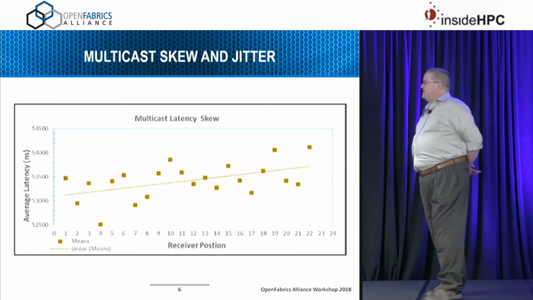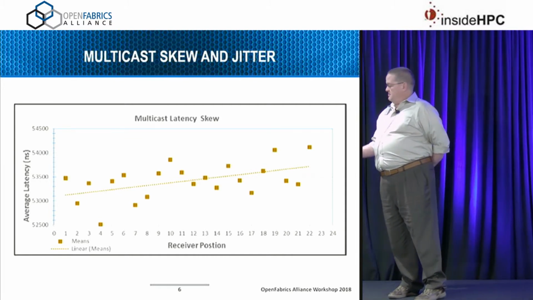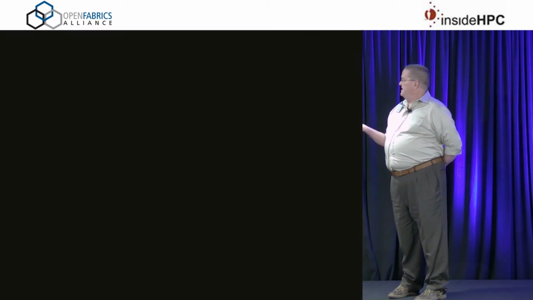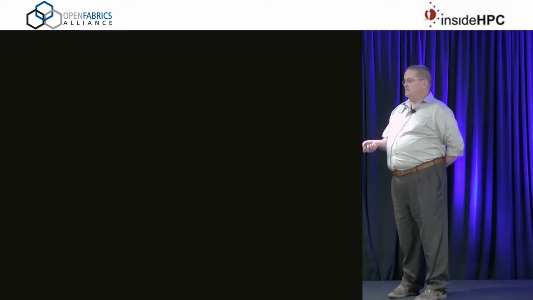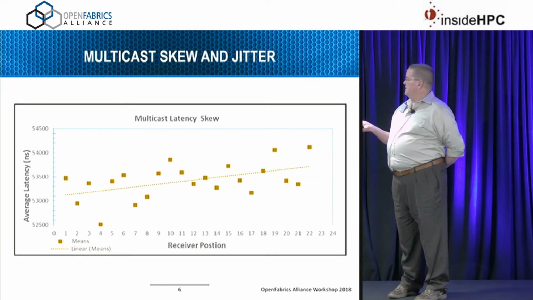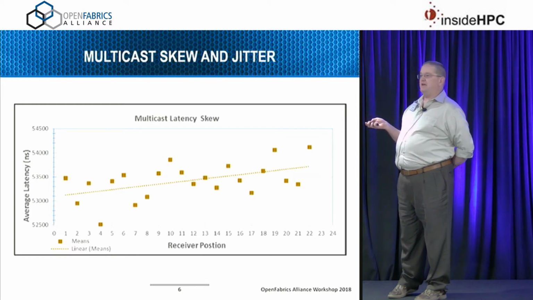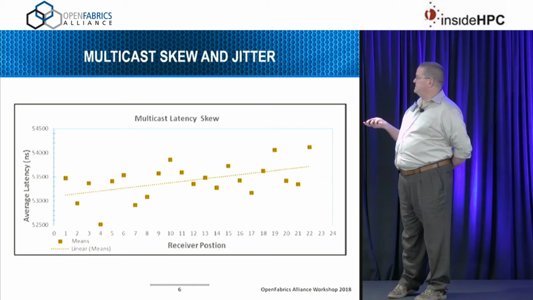So if you look at the delivery time of a packet across a number of systems, oops, wrong button. Here we go. These data points right here are indicative of the jitter that you typically get in a multicast transmission.